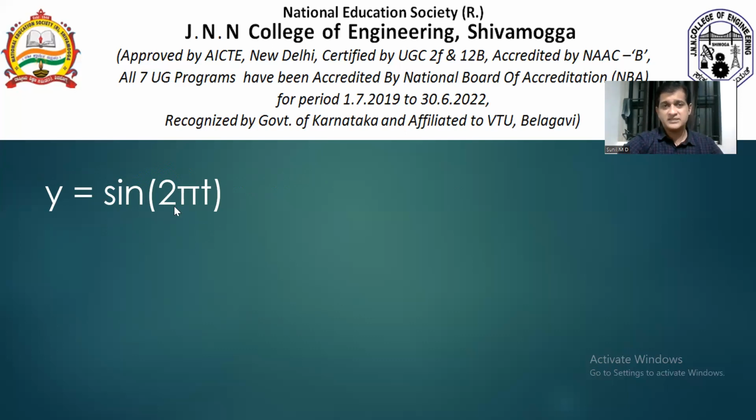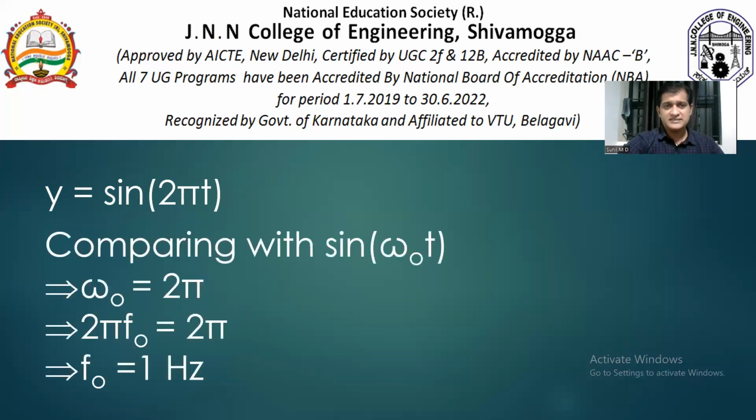What is the frequency? Let's see this. If you compare sine 2 pi t with the standard signal sine omega naught t, omega naught happens to be 2 pi. Omega naught, as we all understand, is 2 pi f naught. So this gives us f naught to be 1 hertz.